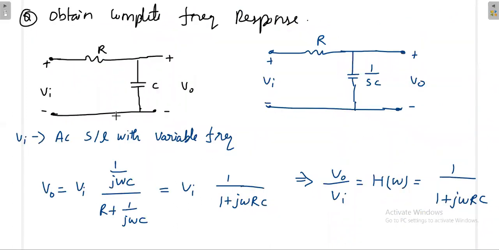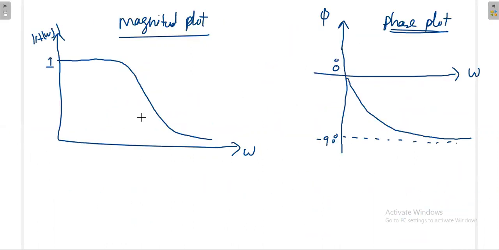When the signal has low frequency, the system allows that signal to reach the output. But if you keep on increasing the signal frequency, it will not allow it to the output, because the output is getting decreased. That means it allows low frequency, but not high frequency.